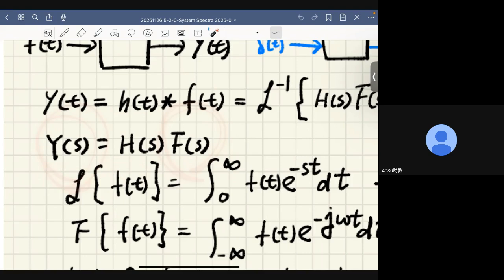What do I mean by easily relating two of them? It means all I need to do is use a simple mathematical operation, which is multiplication. Then I can determine what the output is when the input and the transfer function are given.